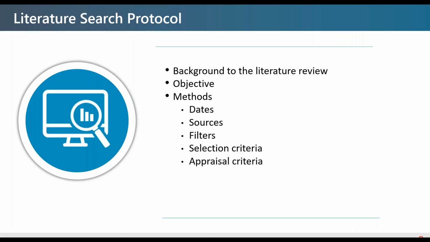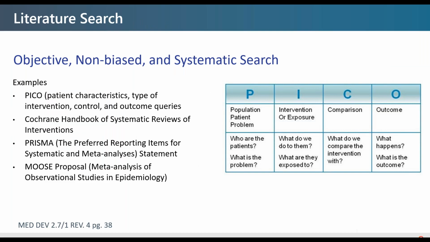But you'll also want to include those databases. The MedDev says Embase and PubMed, Cochrane, ScienceDirect, Google Scholar, but the MedDev recommends at least 2 databases. Now for state-of-the-art lit searches, you'll also want to include clinical practice guidelines and those applicable standards and consensus statements.